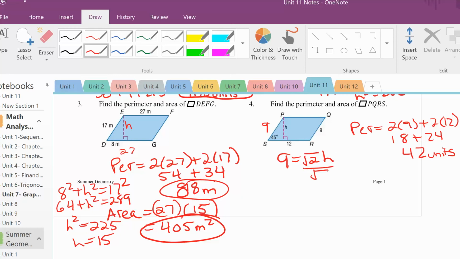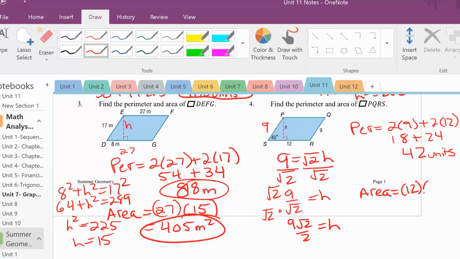So when you divide by rad 2, you get 9 over rad 2 equals h, and then remember you rationalize the denominator. So it's 9 rad 2 over 2 equals h. So then to find the area, it's equal to 12 times 9 rad 2 over 2. Well, 2 goes into 12 6 times, so it's 54 times rad 2 units squared.